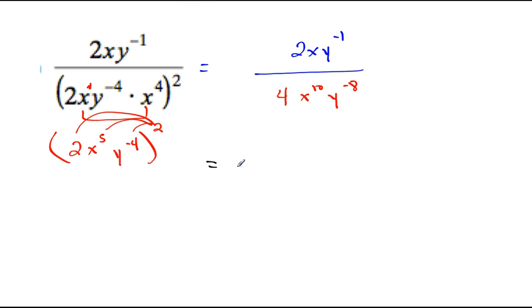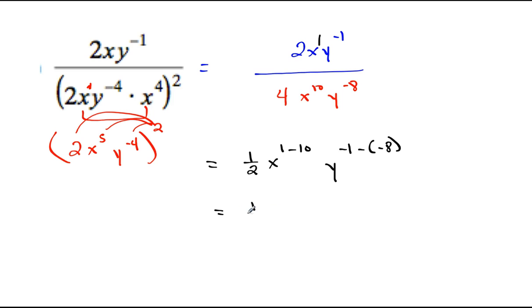And again, you go take whatever direction you want. I'll do both on this one. So 2 over 4 is 1/2. I have x to the 1st minus 10, because I have x to the 1st and x to the 10th, so it's 1 minus 10. And then I have y to the negative 1st minus negative 8, all on one line.